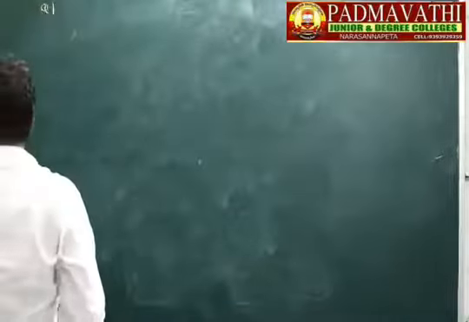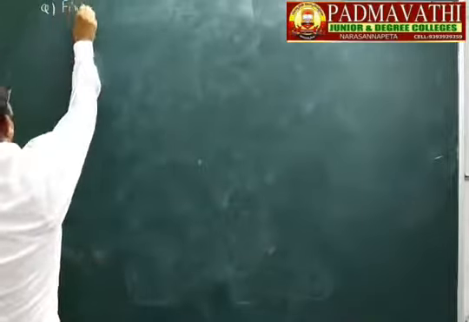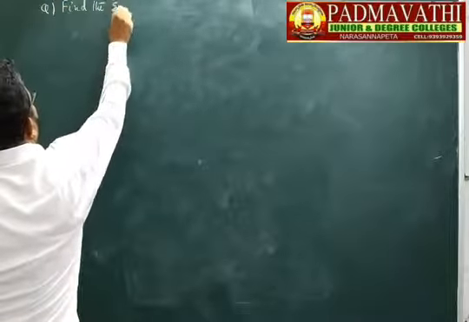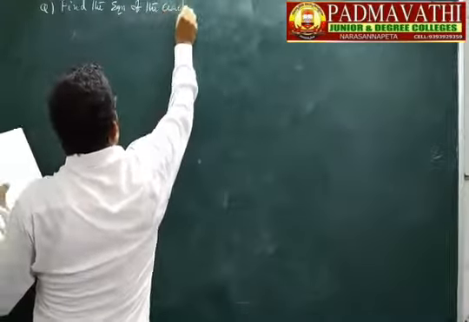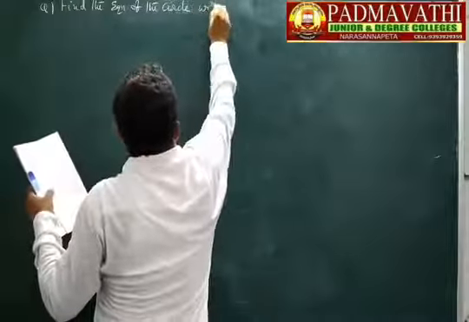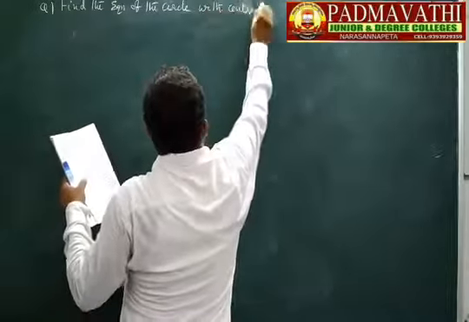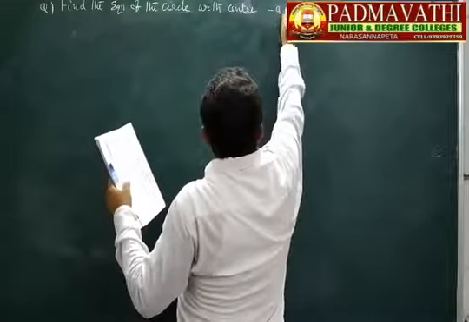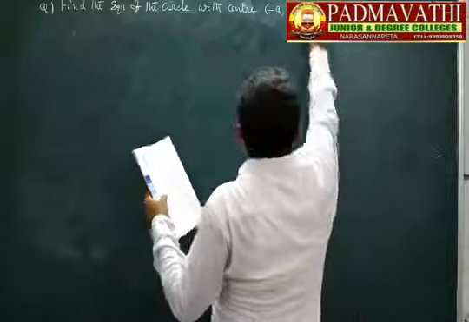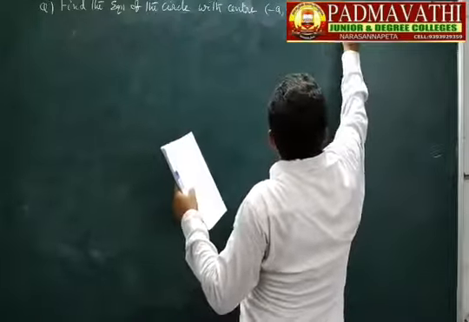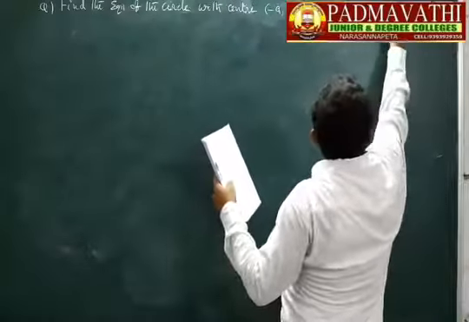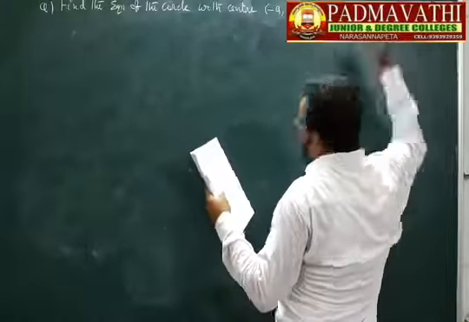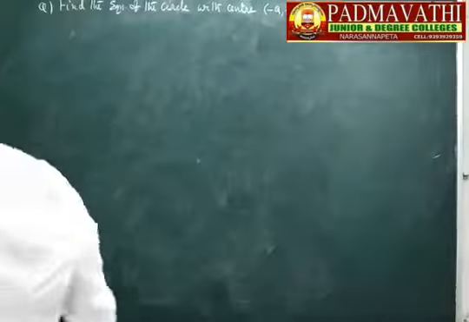That is, find the equation of the circle with center (-a, -b) and radius √(a² - b²). This is a very important 2 marks question in IPE examinations.